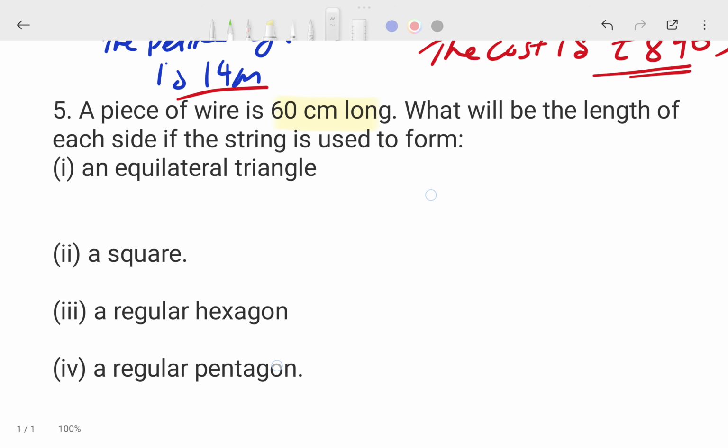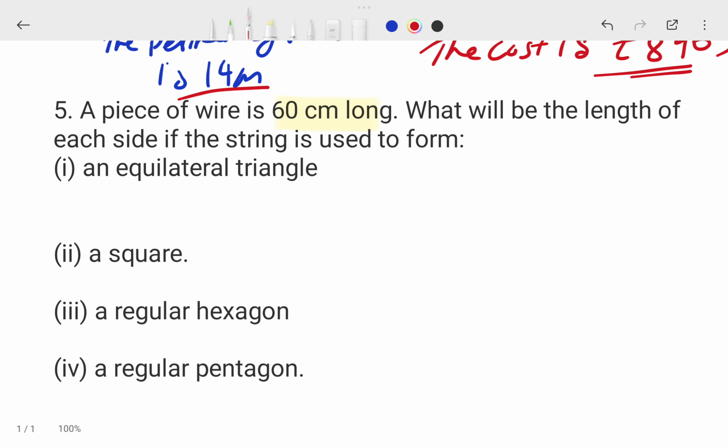So let's start with the first question. If you make an equilateral triangle, what happens? In an equilateral triangle, all sides are equal. If one is 2, the others are also 2.